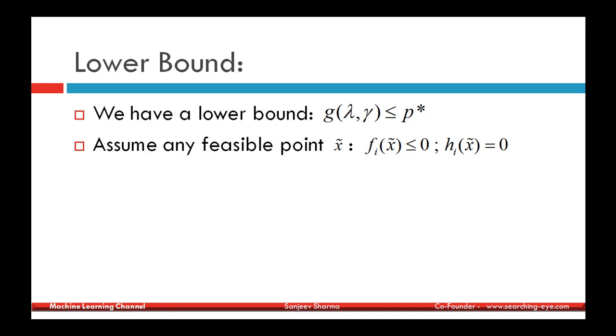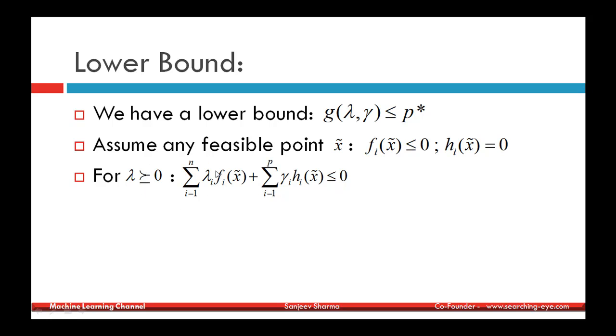Since this x tilde is a feasible point, it will satisfy these two constraints for the primal problem, and therefore we can construct any lambda which is greater than 0, where this symbol denotes the componentwise inequality, that is each component of this vector lambda is greater than 0.